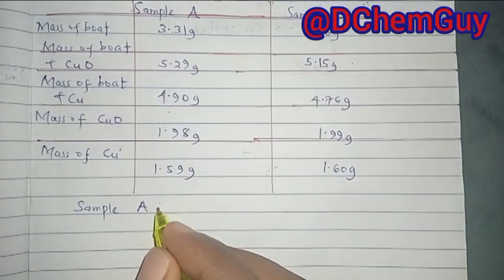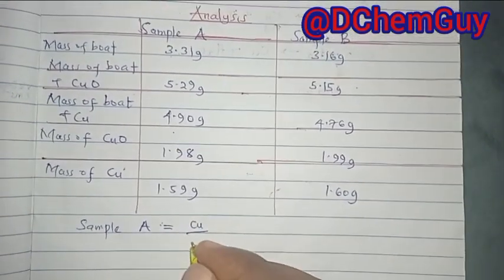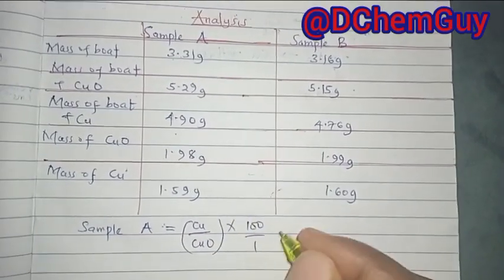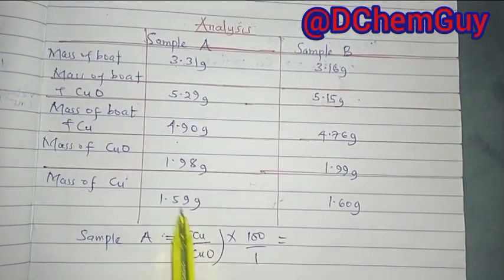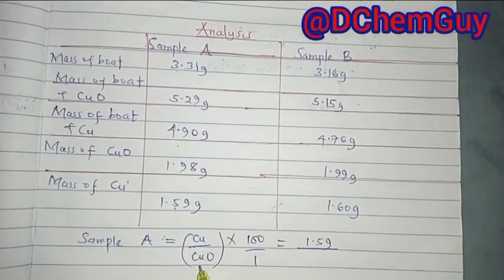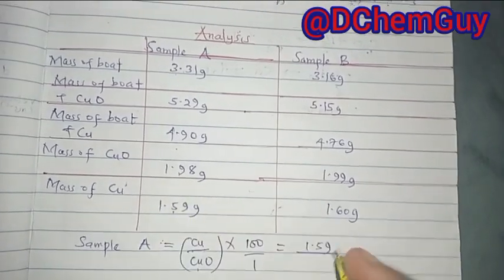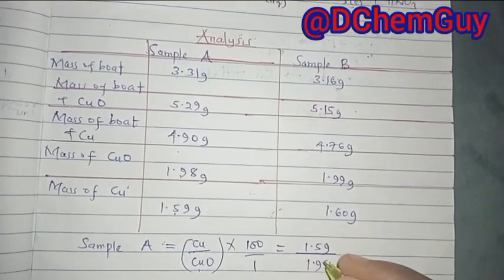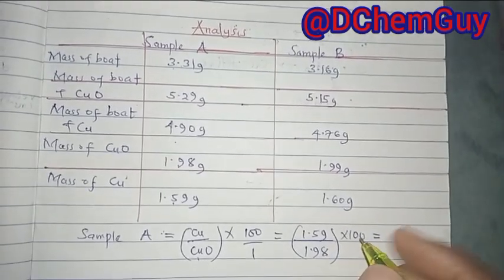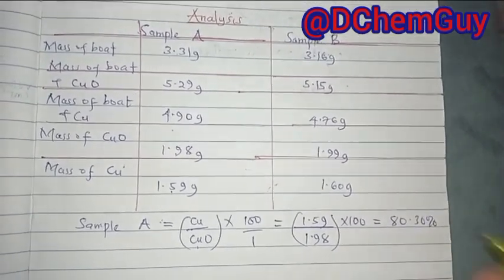So what are we going to do? We are going to do it this way. That is Cu over CuO times 100 over 1. Now, mass of Cu here is 1.59 over mass of CuO, that's copper 2 oxide, is 1.98 times 100. So by the time you do that calculation, it's going to give you 80.30%.